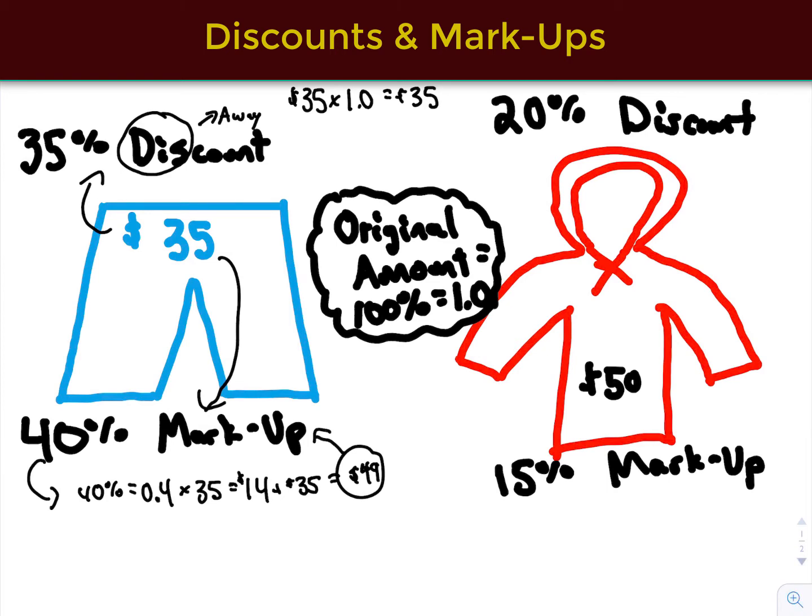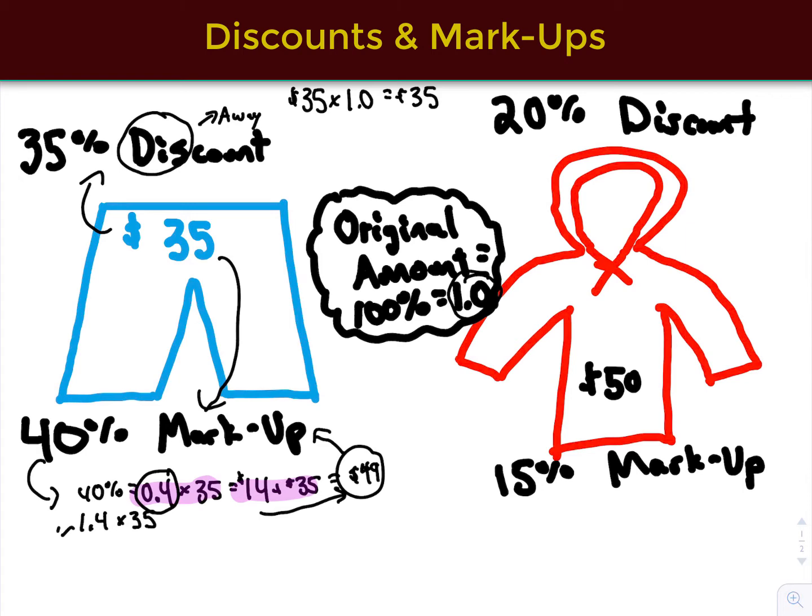Now, the other way I can do this in one equation is to just take 1.4 and multiply by 35. I want you to stop and think through, why would 1.4 result in the answer of $49 in one step, and where did that 1.4 come from? It takes our original amount, 1.0, and our decimal of markup, which is 0.4, and adds them together.